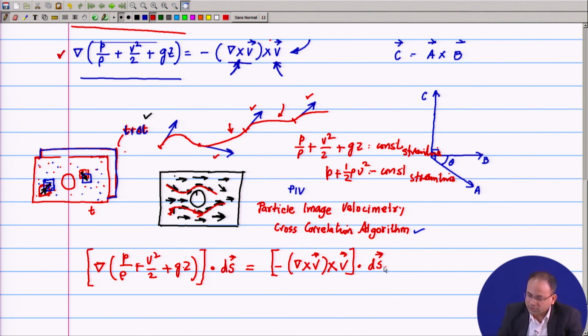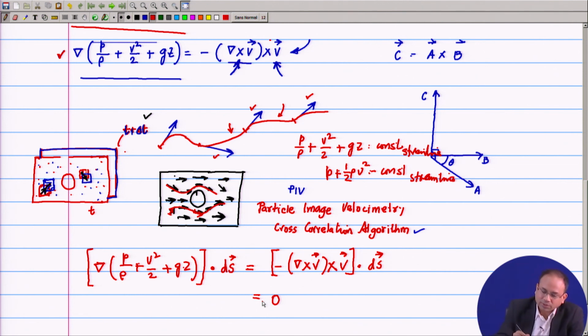And that can be shown to be 0, because this vector is normal to the streamline direction. So, that is just another way of saying that the gradient along the streamline direction is 0. So, there is no change along the streamline direction. So, that total head stays conserved along the streamline direction.